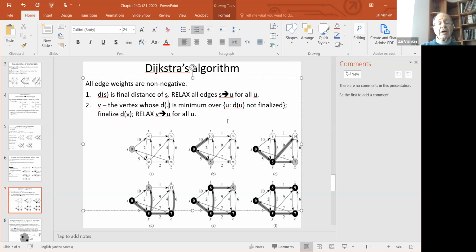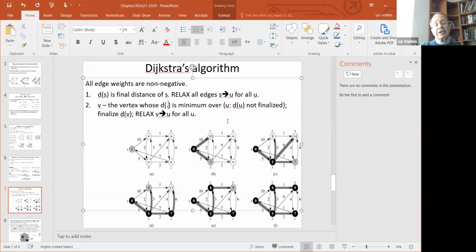And we pick the one for whom the distance is minimum among all the vertices to whom the distance has not been finalized. The one that gives me the minimum, we finalize its distance. So we move it to the group of vertices whose distance was finalized, because we are going to argue that this is the real minimum.